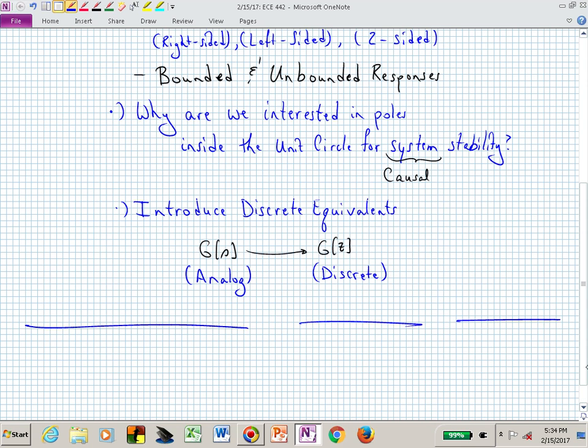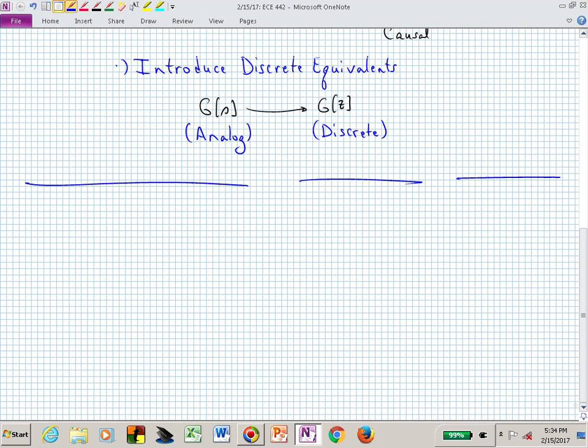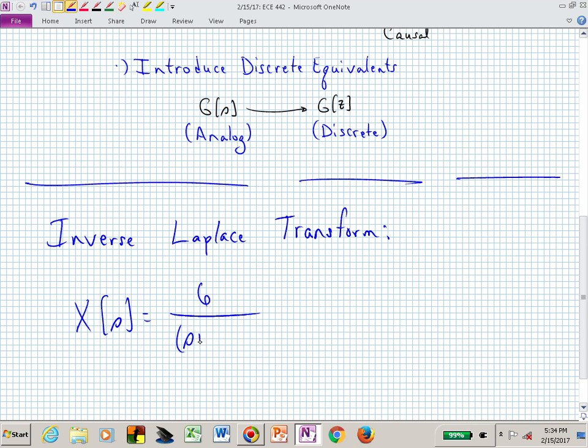Let's start today with the following. Suppose that, and this is trying to get us connected with where you've already been, so let's do an inverse Laplace transform. And suppose that I give you capital X of s is 6 over s plus 2, s plus 3.